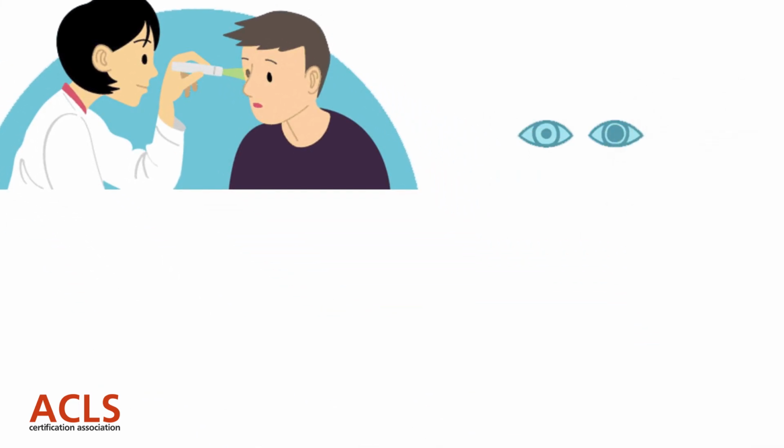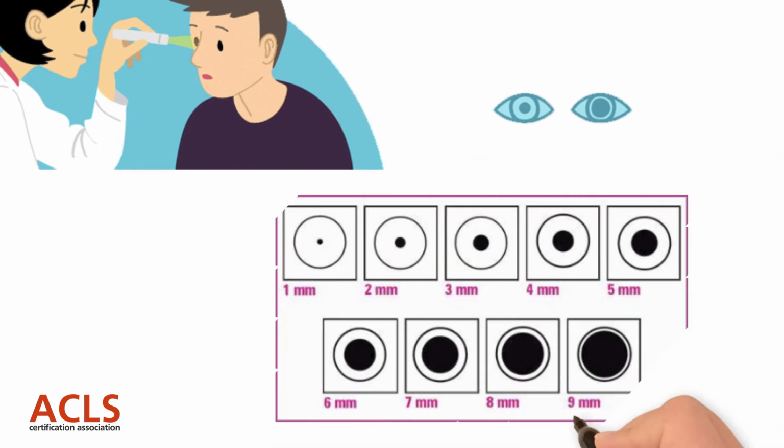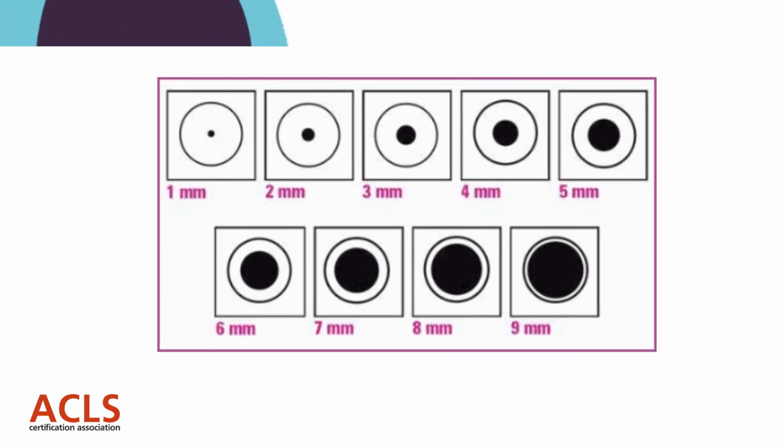Size, do not forget to look at your patient's pupil size. Are the pupils equal? Now we've already established that they're round and equal, but you have to assign a size. Most patients' pupils are going to be a 2, but most of the time you're going to have one of those little charts that shows you pupil size and what number to assign.